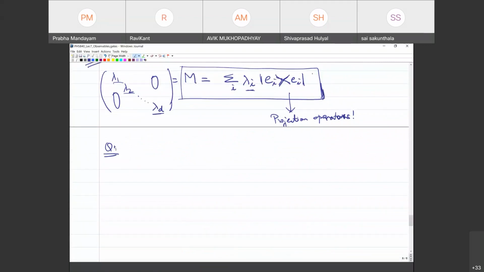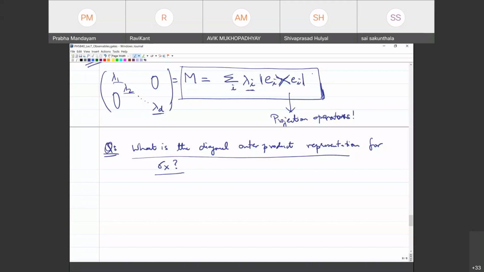What is the diagonal outer product representation for sigma x? So let's stop here. How will you write down the diagonal outer product representation for sigma x?